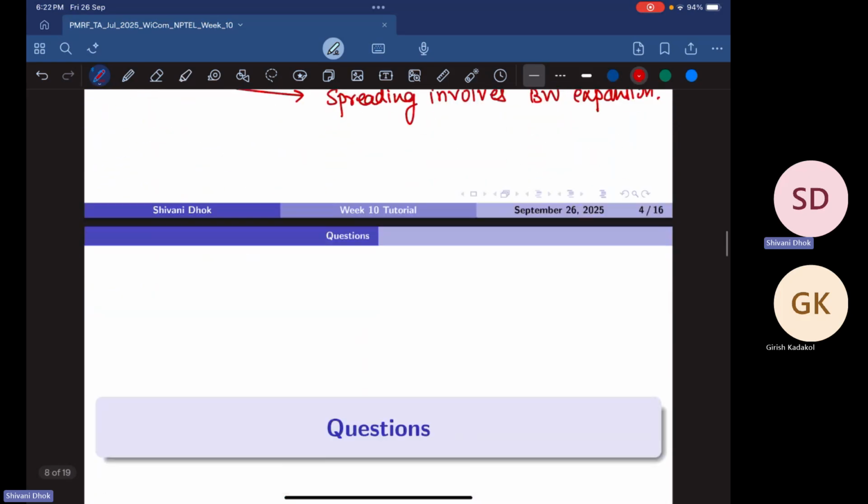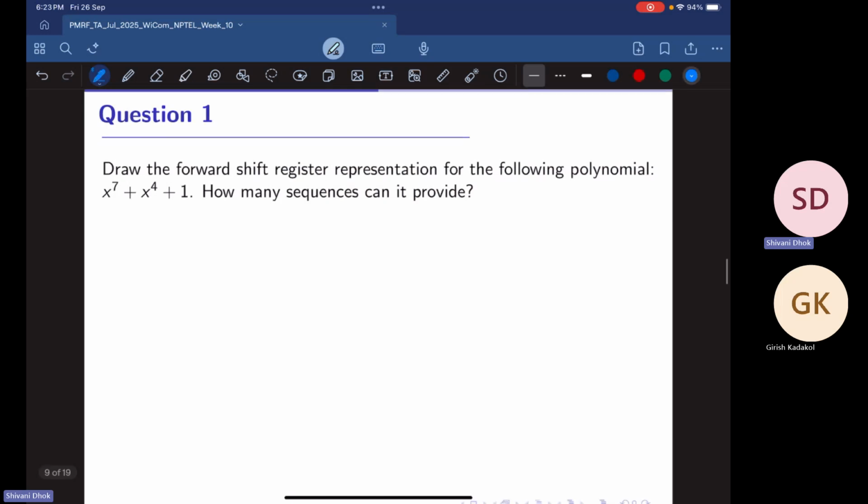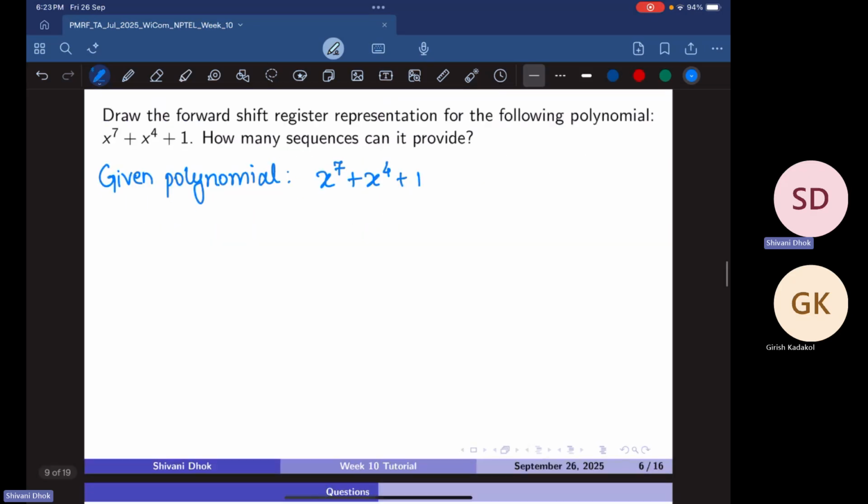Okay, now let me move on to this question. It says draw the forward shift register representation for the following polynomial, and the given polynomial is x to the power 7 plus x to the power 4 plus 1.